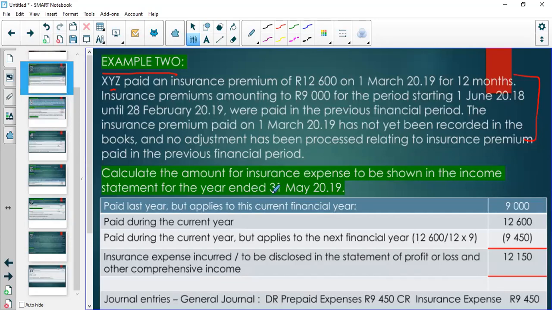Our year ends 31 May 2019, not so? So it started the following day last year, which means it started on 1 June, I think, 2018. So we are covering the period 1 June 2018 to 31 May 2019. I think this is correct.